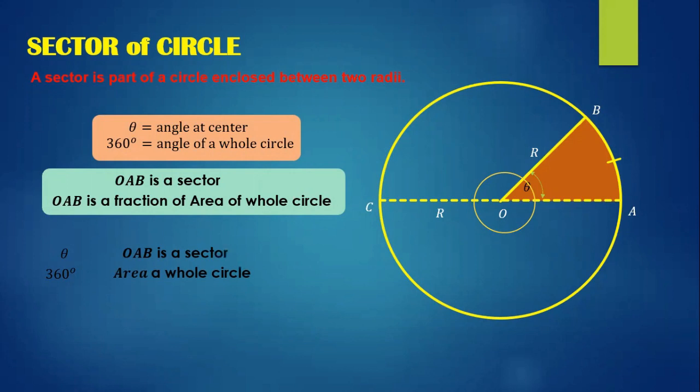You just use the ratio: theta to 360 degrees equals sector to the area of a whole circle.